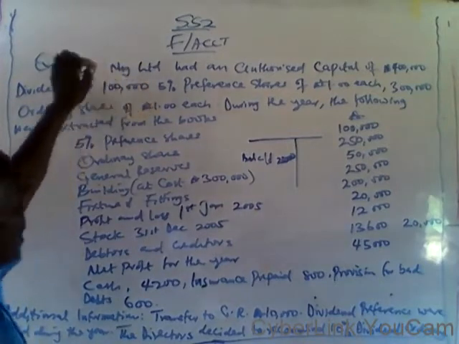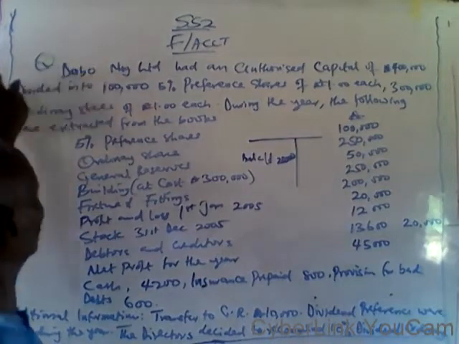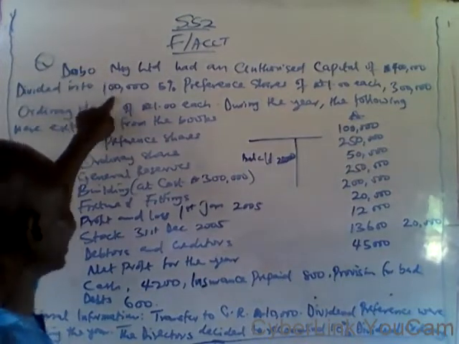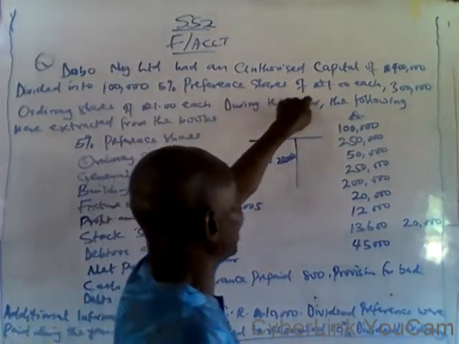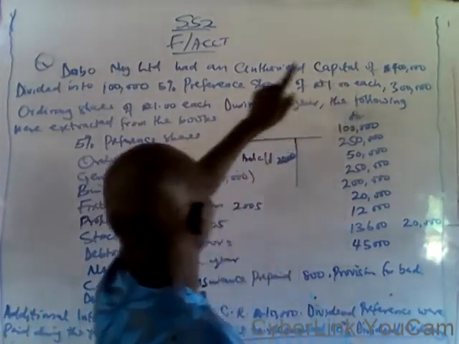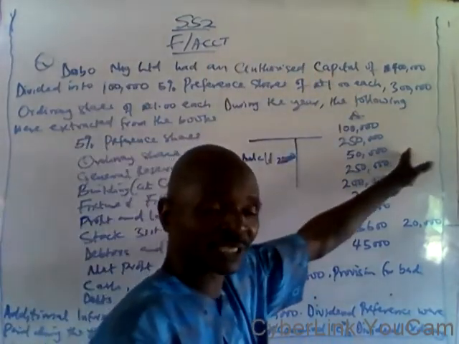When you underline, consider the introduction of the question. What are the values? Here you have 100,000 5% preference shares of 1 naira each, that is 1 naira multiplied by 100,000. Under the naira column, you write 100,000 naira.